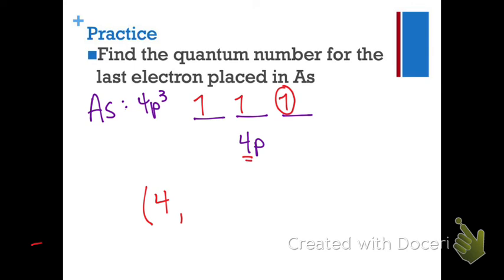S, P, D, F. So it's a 1. Then we've got to tell what version of the p orbital. So we label them 0, 1, -1. And so what value is our quantum number going to get here? A positive 1, because the electron we're studying is on the version of the orbital that is positive 1.